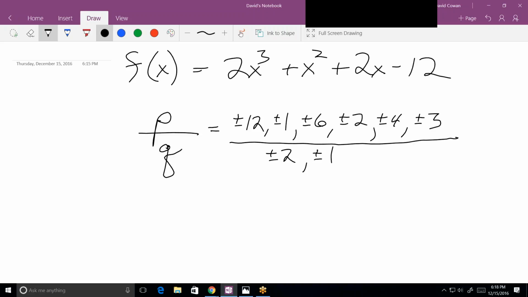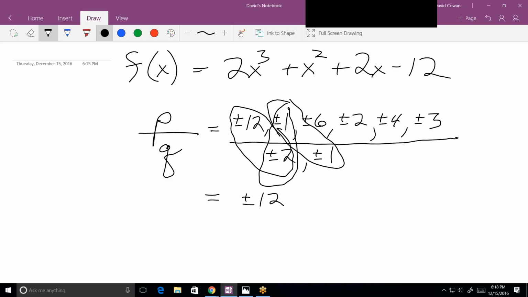Now, what we do is we take all combinations. By that I mean we got this possibility, this possibility, and what we end up with is plus or minus 12 is certainly one of them. All the numerators are still possibilities, but we've got some additional ones now because of that denominator.